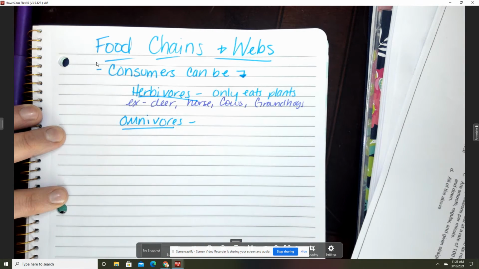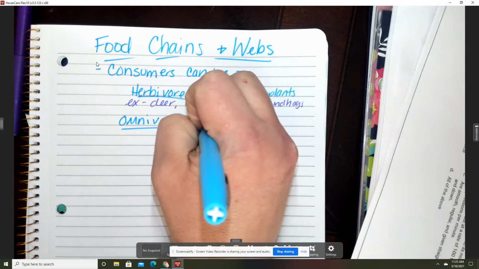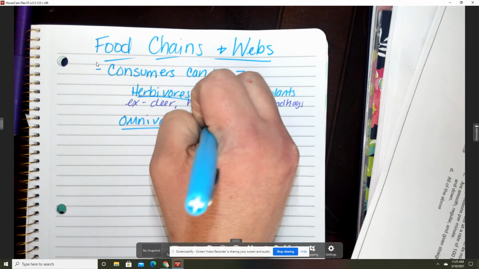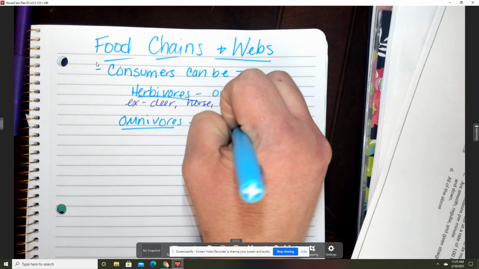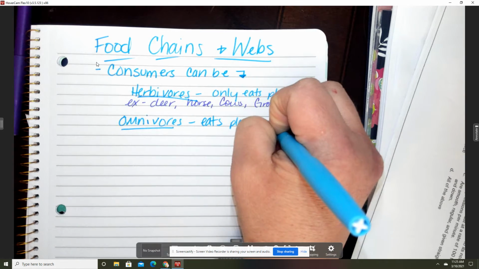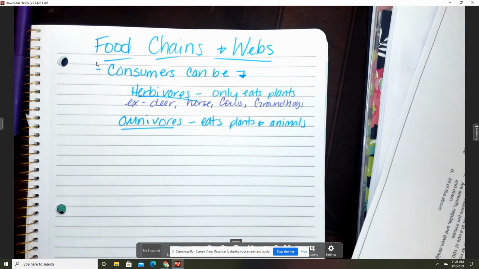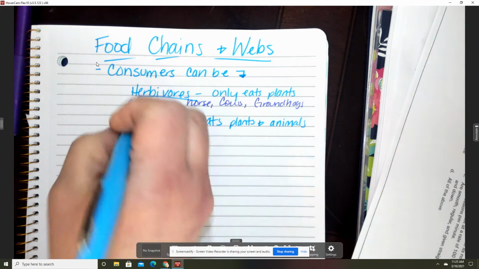But an omnivore, however, is set up to digest plants and animals, right? So these are eats plants and animals, or other animals. So we are considered omnivores. Our system is set up to eat both, all things, plants and animals.